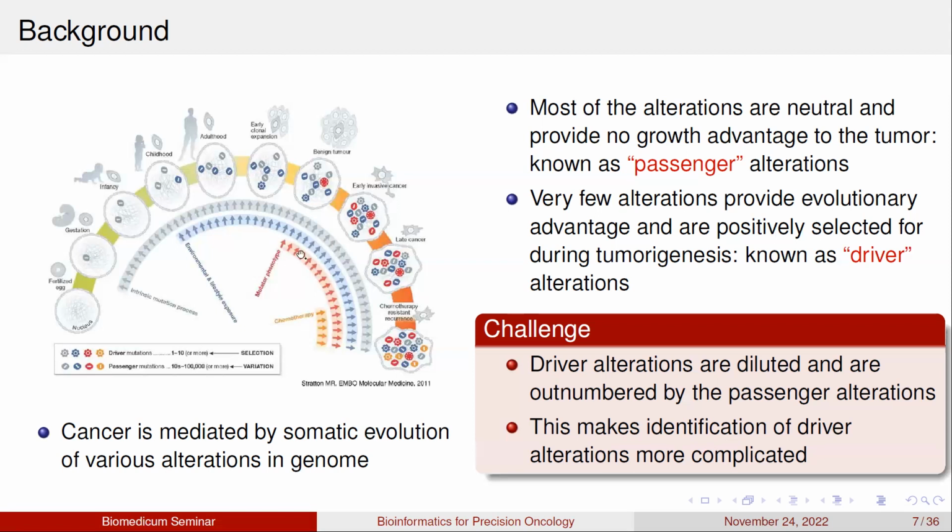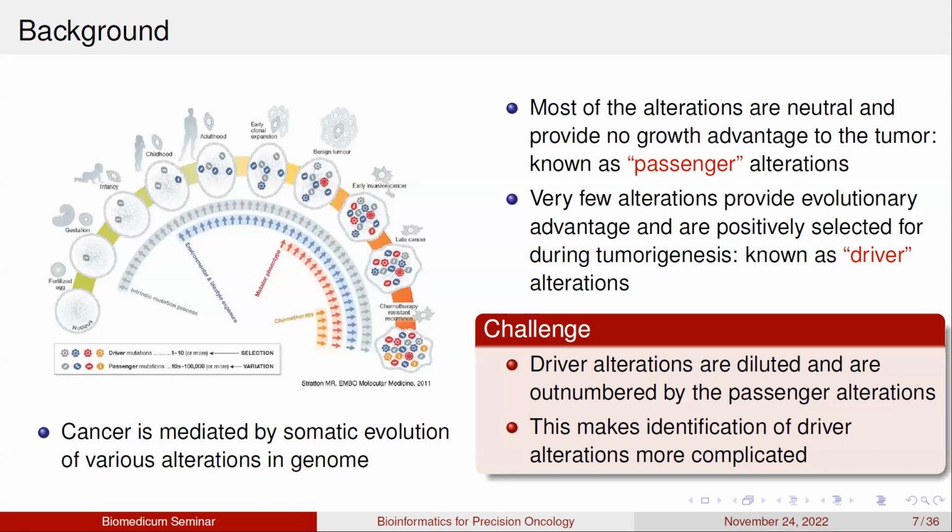There may be some mutations that initiate the cancer, and when a treatment is given, some mutations might be responsible for treatment resistance, and might help in the progression of the cancer to the advanced form and so on. So there are very few driver alterations that are positively selected during tumor evolution, and those driver alterations are the causative agents of cancer.